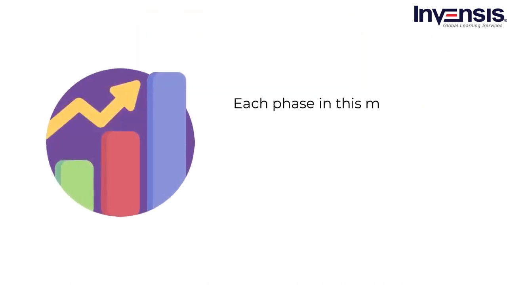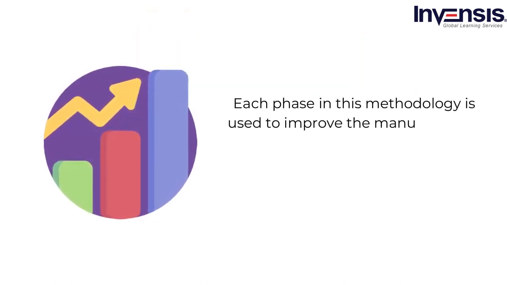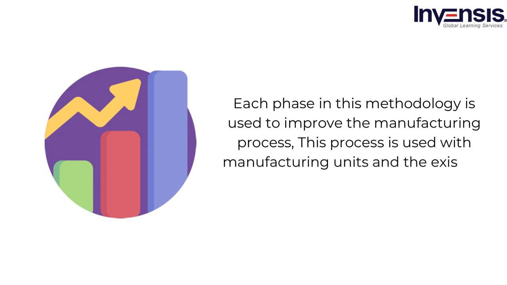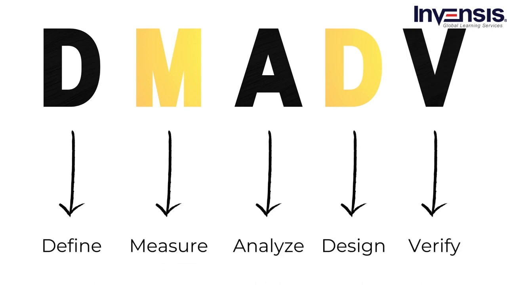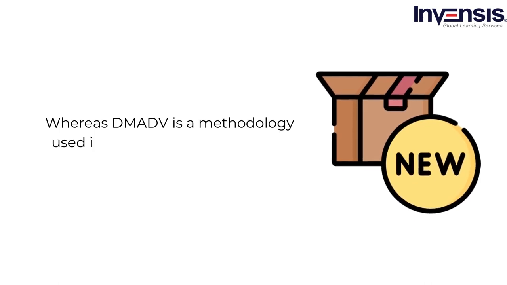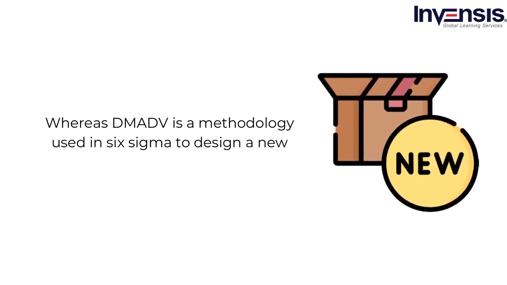Each phase in this methodology is used to improve the manufacturing process. This process is used with manufacturing units and the existing products. DMADV stands for define, measure, analyze, design, verify. DMADV is a methodology used in Six Sigma to design a new product in an organization.